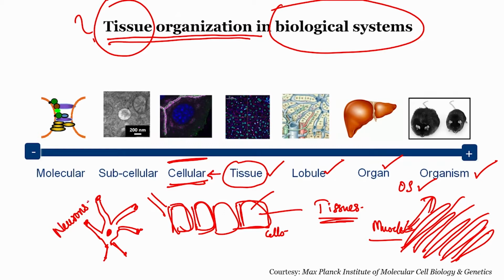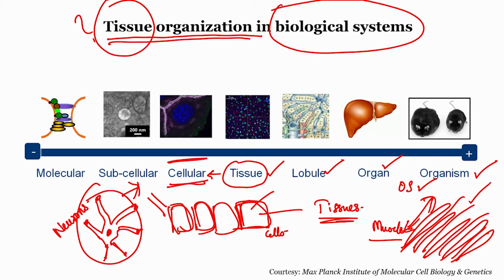So as I said, the cells do not necessarily have one particular shape, the shape is dictated by function. There is an important dogma in biology called form dictates function. So the form of this neuron dictates its function, which is to transmit electrical signals for brain function.